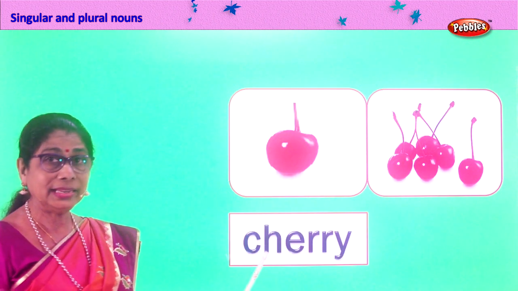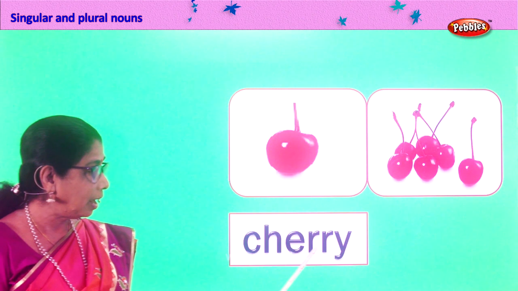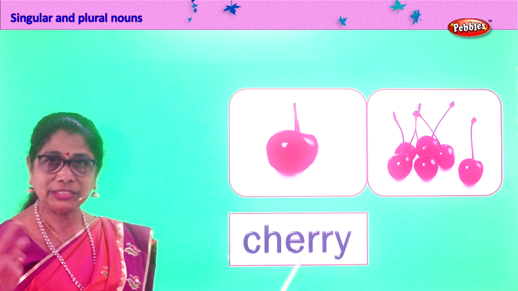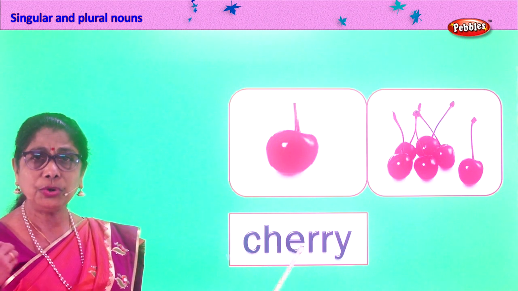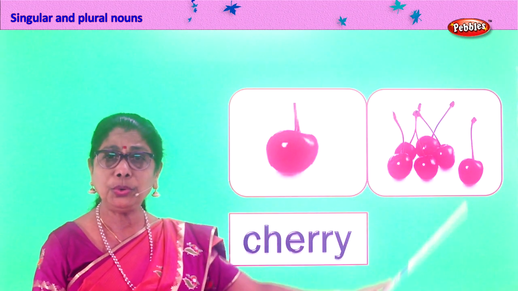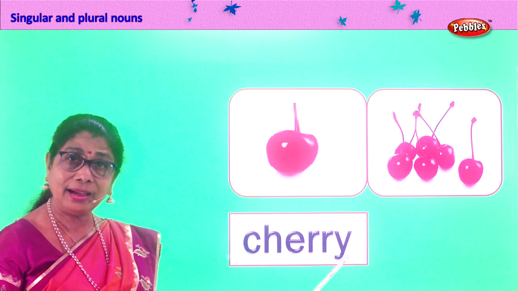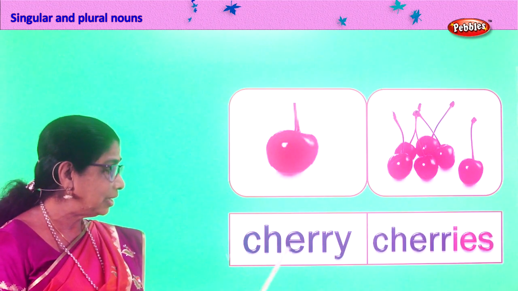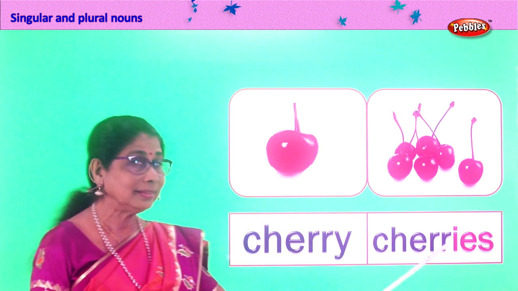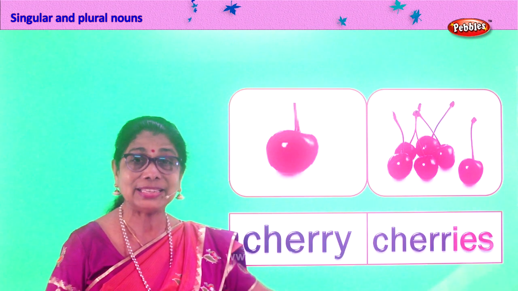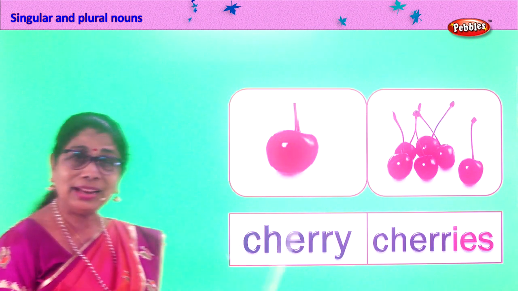One cherry. CHERRY. Cherry. One cherry. Singular form. Now we are going to do plural form. We take away Y, add IES. CHERR. Remove Y, we add IES to form the plural.